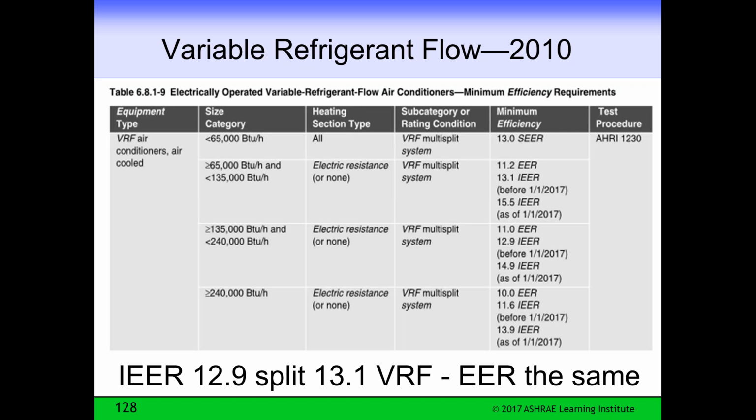So as far as our requirements that are based on the testing procedure, these efficiencies are fairly low. The IEER for a split system is 12.9, and it's 13.1 for a VRF system. Basically the same.